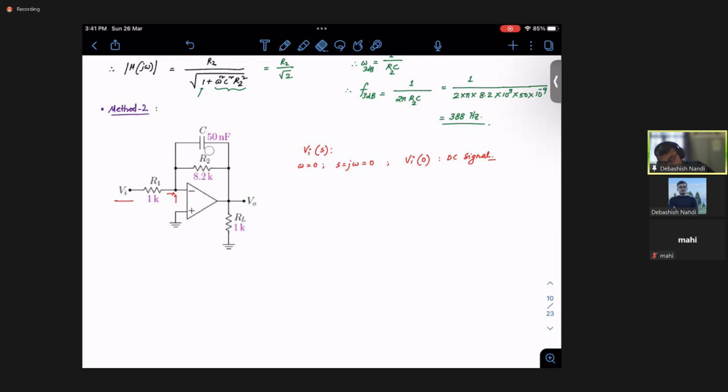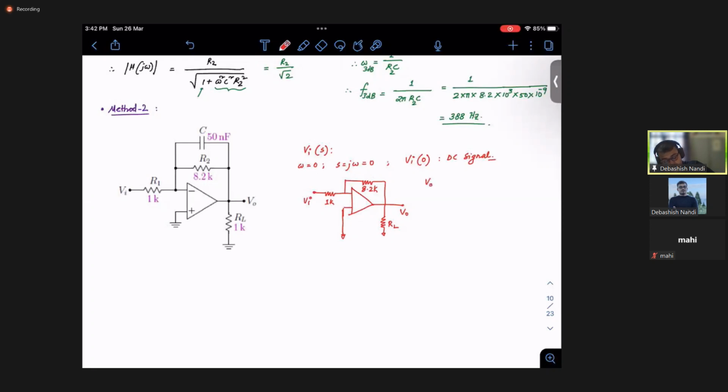So simply my circuit will become this, right? Simply my circuit will become this, and what is the output in this case?